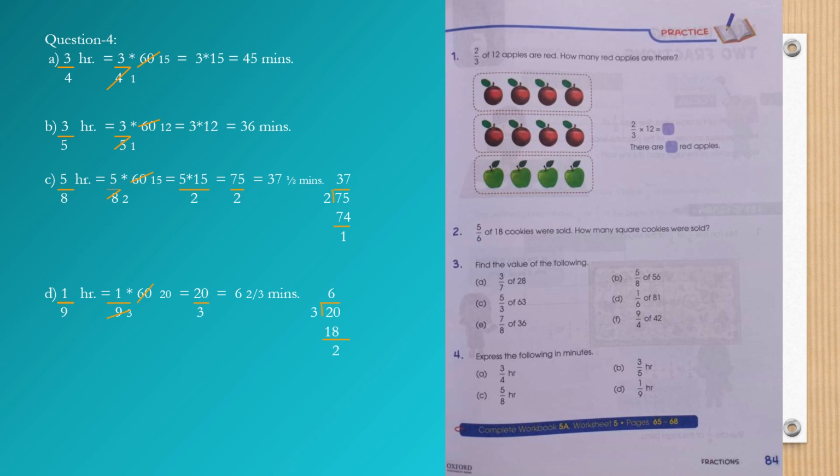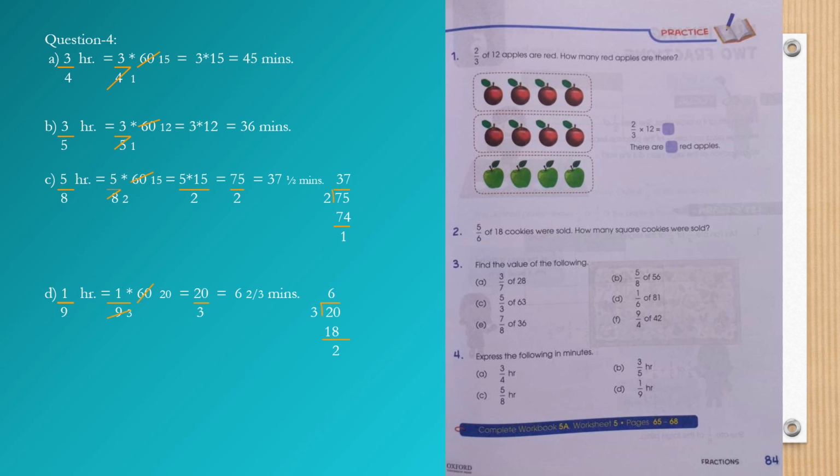Now in part C, we have 5 divided by 8 hour. So we write it as 5 divided by 8 multiplied by 60. First we are going to cancel out 60 by 8. By cancelling out, we still have a number in the denominator, which is 2. So we write it as 5 multiplied by 15 divided by 2.